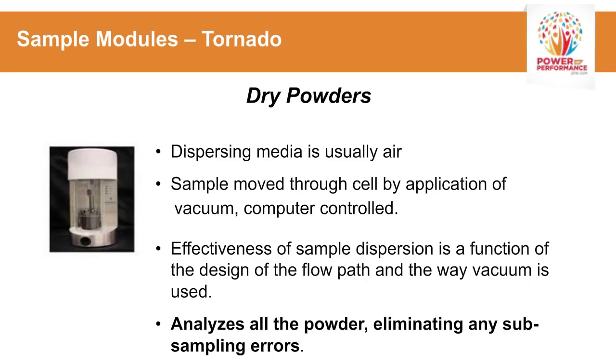But you're typically going to add about enough material to run 20 to 30 seconds. But by analyzing all the powder, you eliminate any subsampling error, any segregation that could have taken place. Once it's on an instrument, it doesn't matter because the instrument's going to analyze all the powder that you gave it.